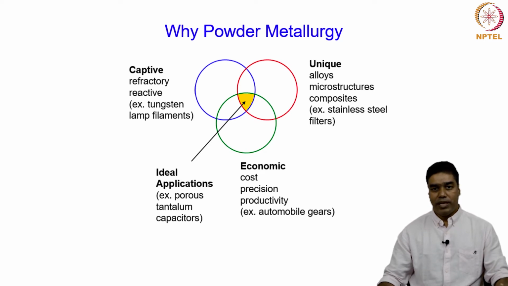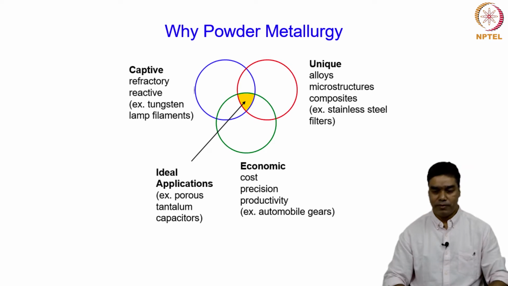So this is something that we can demonstrate right now, taking the example of some materials where you have more than one powder mixed together, and looking at how the sintering happens for that kind of powders and how you get a single material at the end of the sintering process. Okay, so that's what we are going to talk about in this particular lecture, as to how different materials can be combined into one by the powder metallurgy process.